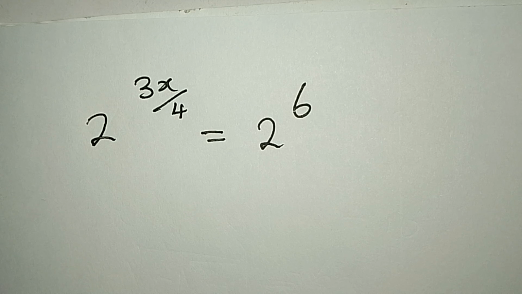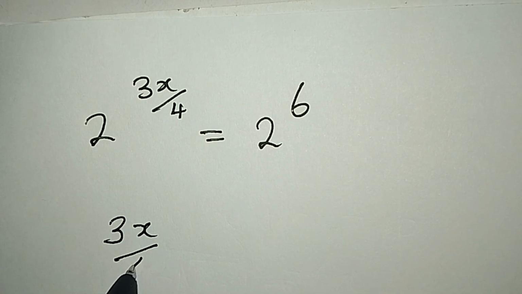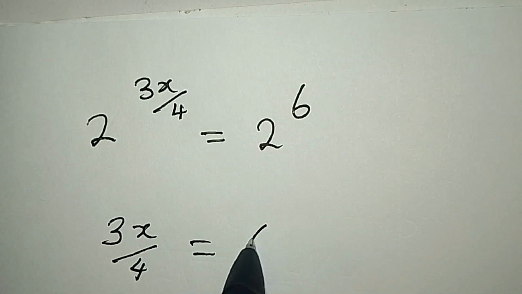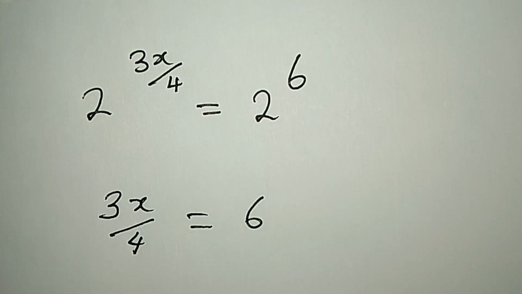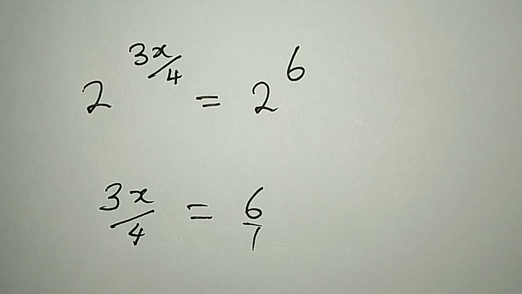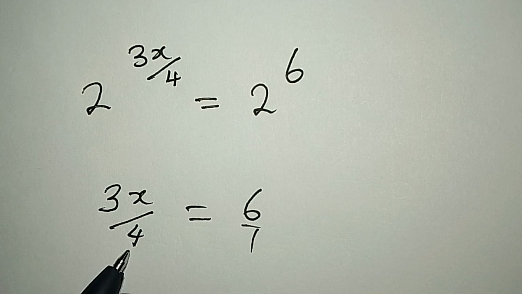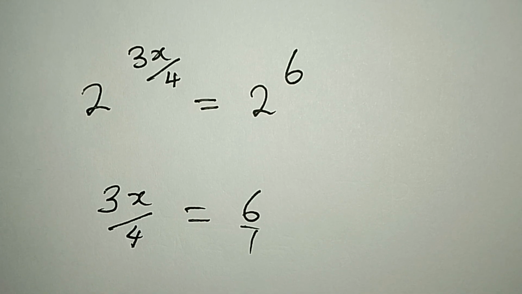From here, we are going to equate the powers so that 3x over 4 will be equal to 6. This is over 1, so we can now cross multiply so that we have 3x times 1 is 3x and is equal to 4 times 6, which will give 24.